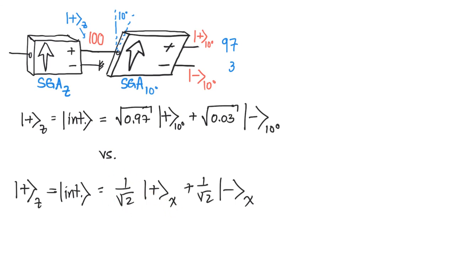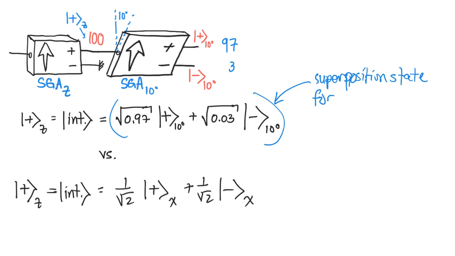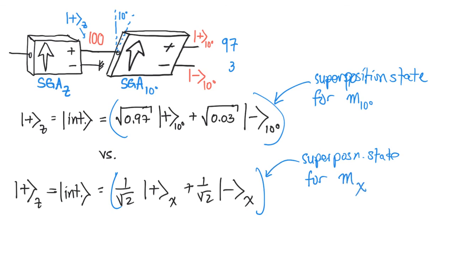So this is the really nice thing. Both of these are superposition states. So the first one, this whole state, is a superposition state for a measurement of the magnetic alignment in the 10 degree direction. This is a superposition state for a measurement in the x direction.